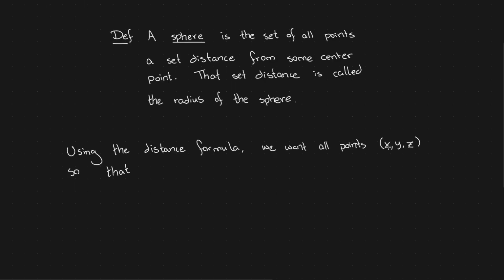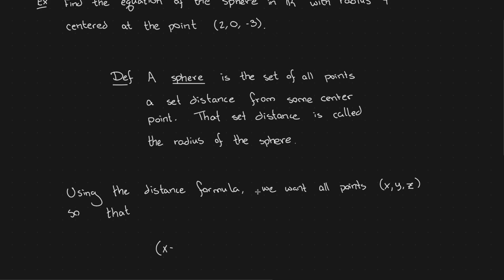So using the distance formula, we know that the distance between x, y, z and the center point 2, 0, negative 3 is the square root of x minus 2 squared plus y minus 0 squared plus z minus negative 3 squared.